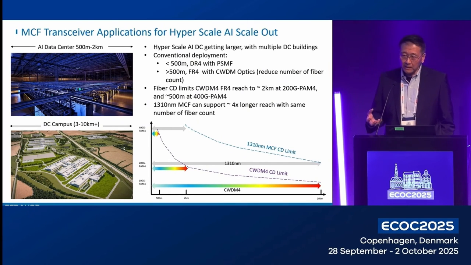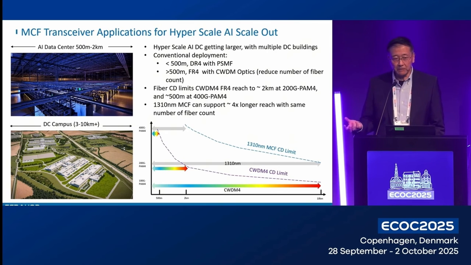So these are the areas where you also start to see fiber issues, and you can again meaningfully address a dispersion problem by deploying MCF, because you can almost go 4 times longer distance with just a single wavelength like 1310 instead of using CWDM, typically deployed these days in this kind of networks.